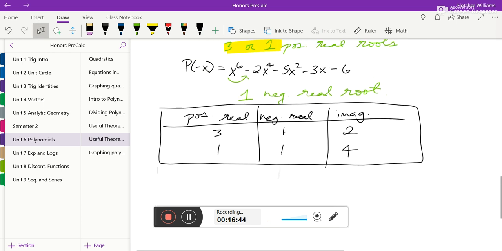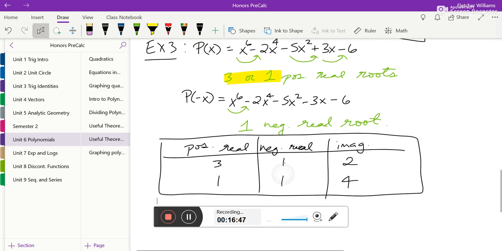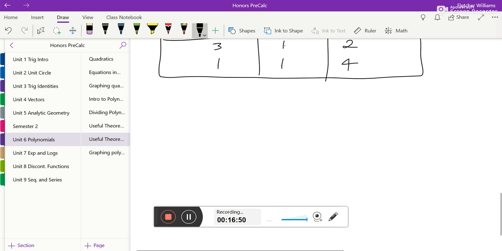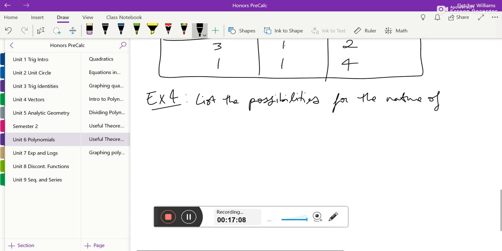So here's an example which I'd like you to try on your own. Example 4, list the possibilities for the nature of the roots of p of x if p of x equals 5x to the fourth minus 3x squared plus 6x minus 10.